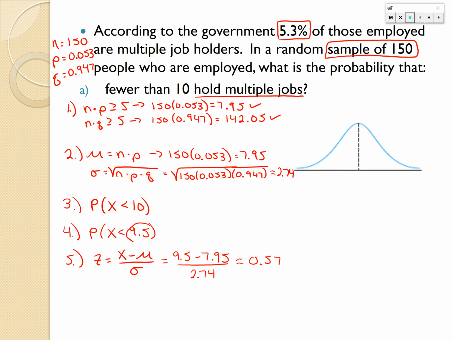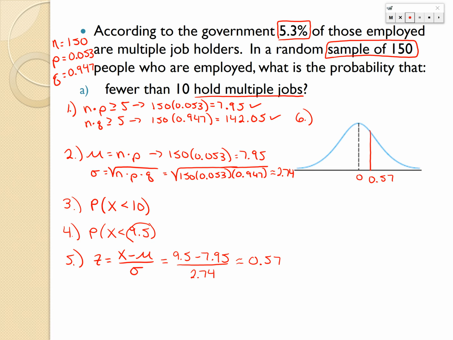Steps 5 and 6, guys, it's what you're used to already. We've been doing this since the very beginning of this chapter. When we have a z-value, now we just have to find that area. I'm just going to do step 6 up here, actually. I'm going to draw my picture. Positive 0.57 will be off to the right.